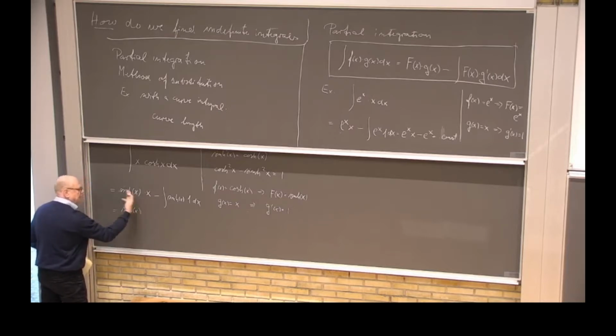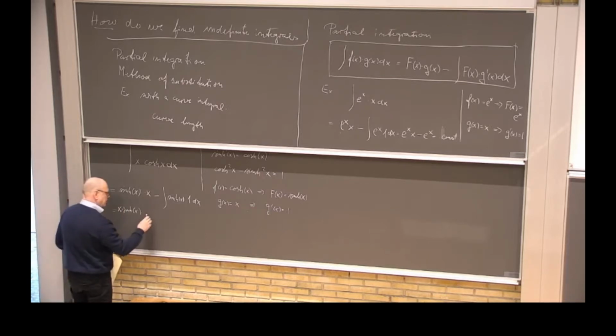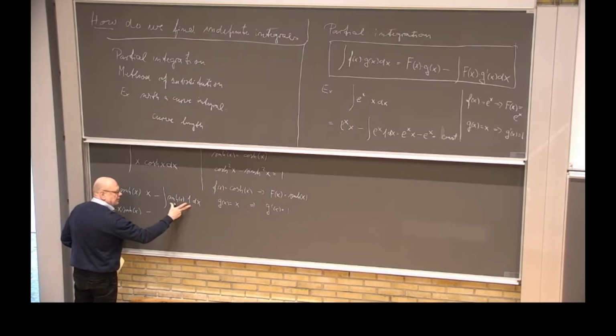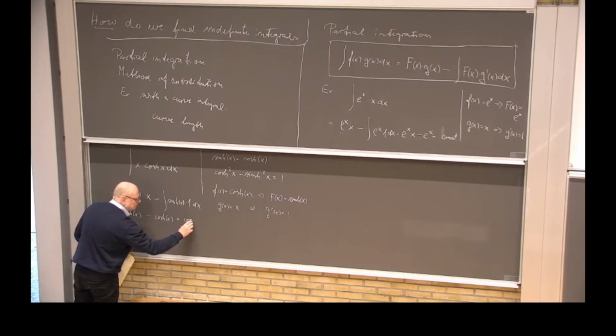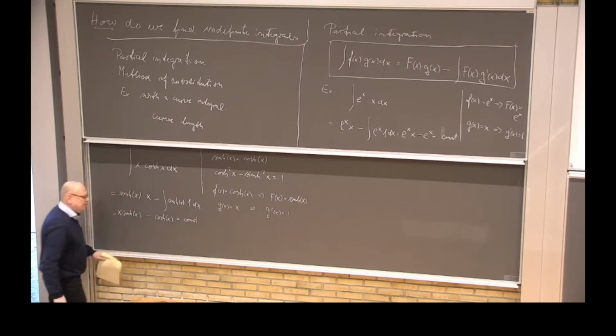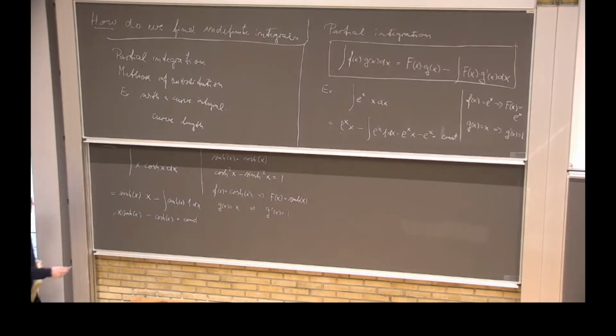I just put the x in front, because that's prettier. Here I get the sine hyperbolic, so I should find an indefinite integral of this, and from what I have shown you, this is cosine hyperbolic x, and then you add some arbitrary constant. So this is the result.